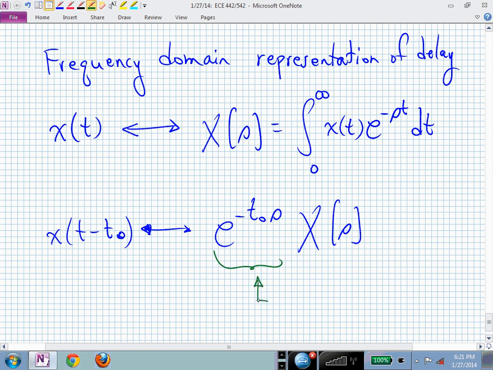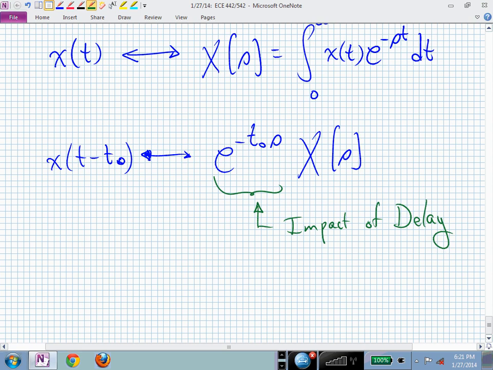This is the impact of our delay. Now, we want to specialize that to a particular length of delay. We know T naught is going to be one sample period when we're dealing in discrete time. So we're going to force T naught to just be one sample period of delay.